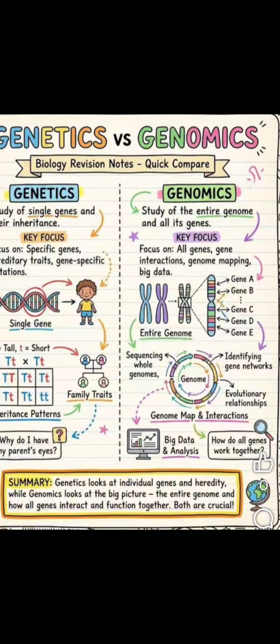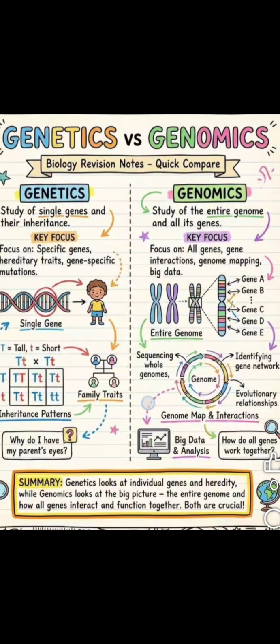So we can make the genome map with the interaction. We get analysis of big data, and we can see how all genes work together. So where we are focusing on all kinds of genes, their interactions and genome mapping, it means genomics.